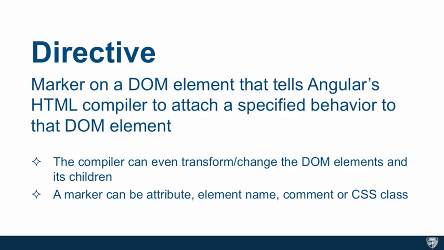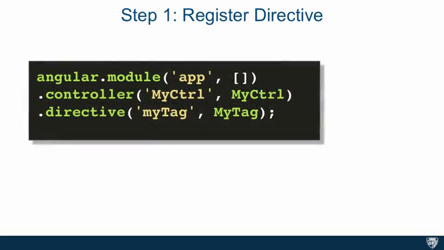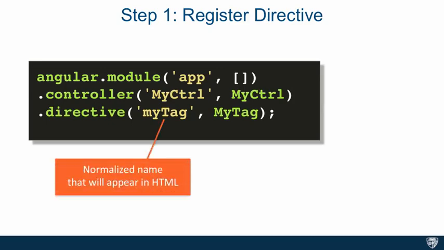Okay, so let's go over the steps of creating your custom directive. The first step is to register the directive with the Angular module. And as you can see here, it's almost identical to the way you register controllers, services, factories, and so on. Here, we're using a special module method called directive, and we're defining a directive name. Now, the directive name that we're specifying here is a normalized name that will appear in HTML.